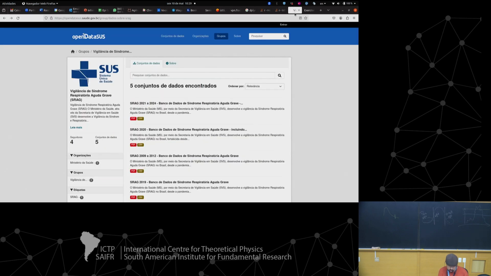So in Brazil, fortunately, we have lots of open data sets from our health system. One of those is the Open Data Source platform. This is quite new. This initiative started in the pandemic.